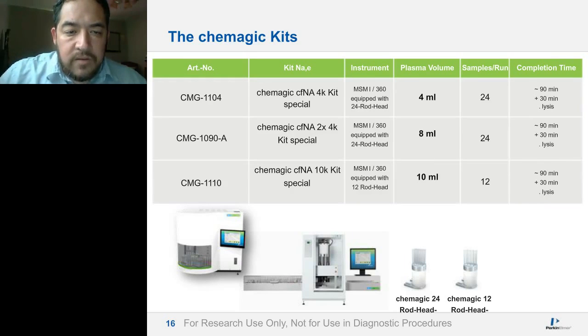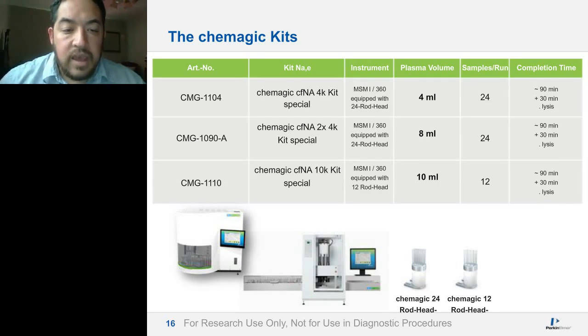We also have our second kit listed, the CMG-1090-A, which still uses the 24 rod head, but instead uses 2 plates to bind consecutive 4 mL plasma lysates in order to do a complete 8 mL isolation, which gives a higher throughput.